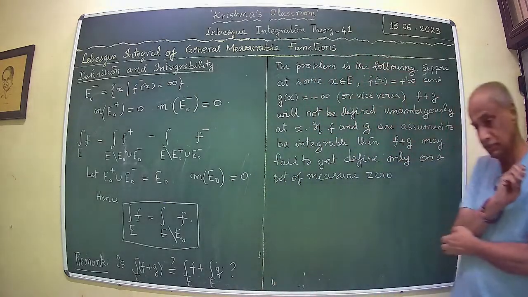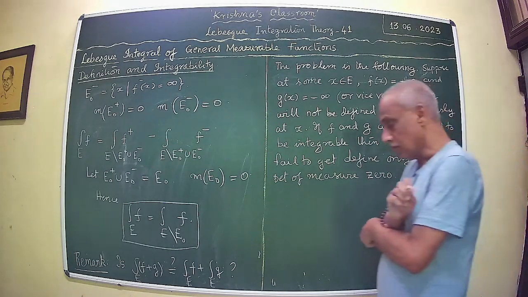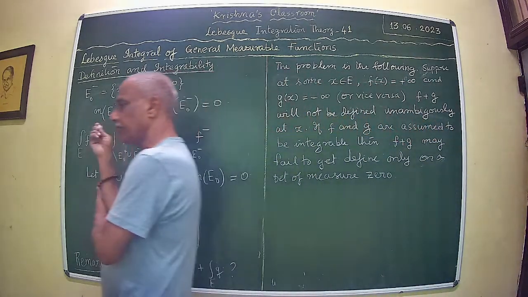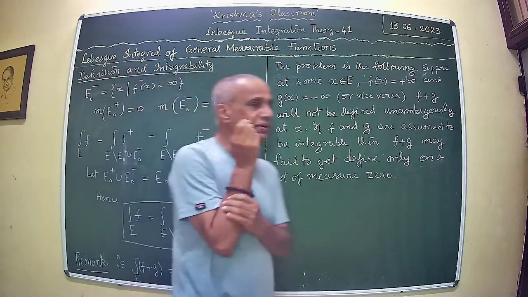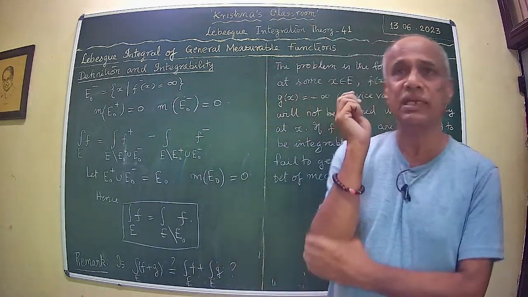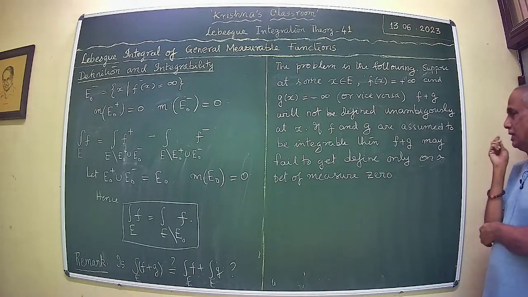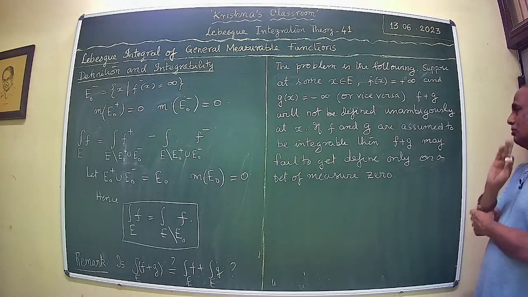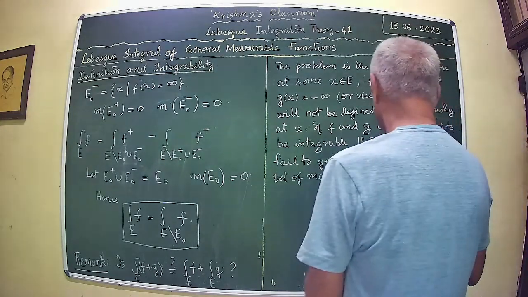Why? Because both f and g are finite almost everywhere, which means f and g take infinite values only on a set of measure 0. Therefore it is there that you are likely to encounter this problem, that f plus g may not be defined.